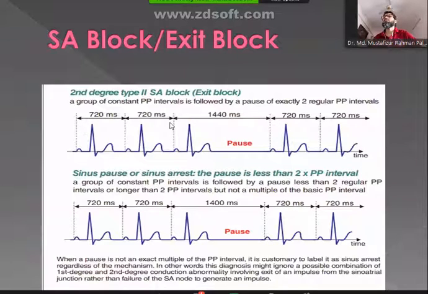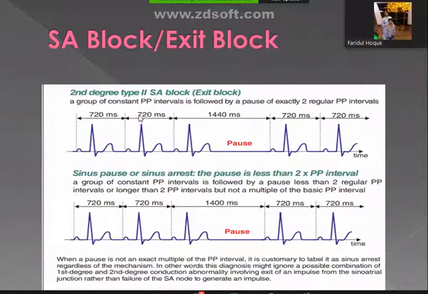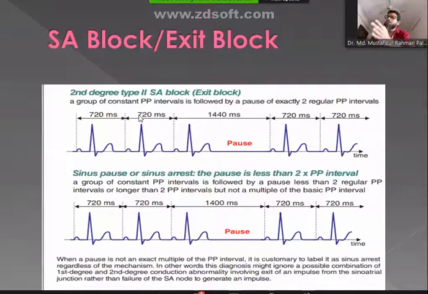So the PP intervals are 720, 720, and the pause is 1440, absolutely twice that. In second degree type 2 SA exit block, the P wave is not found, but the pause is absolutely a multiple, twice or thrice, of the previous PP interval. This regularity is maintained. The third degree we will cover next.